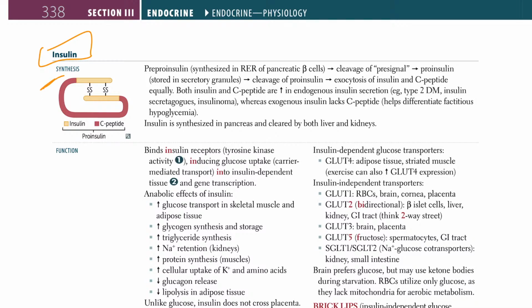Here, for insulin synthesis, first of all, we got to know that the formation is pre-proinsulin, which starts the synthesis in the RER. Before that point, let's mention one more thing: in the pancreatic beta cell, remember, pancreatic beta cells, the nucleus of these cells is going to form insulin.